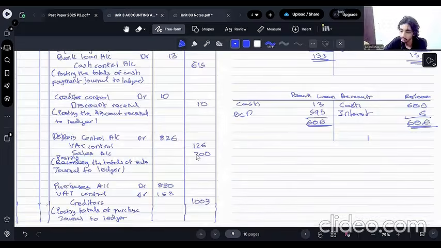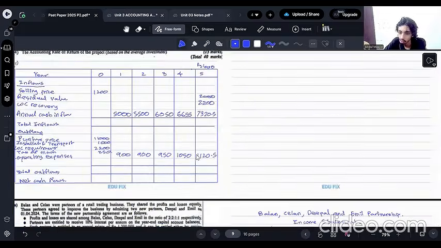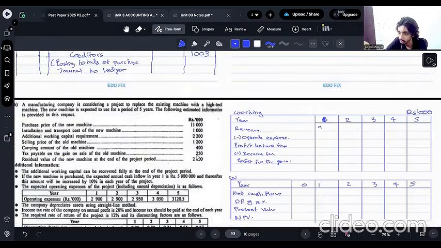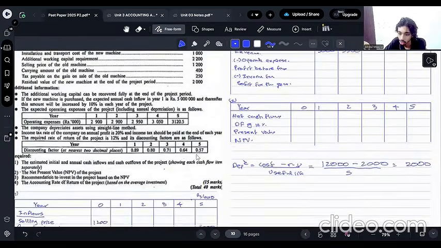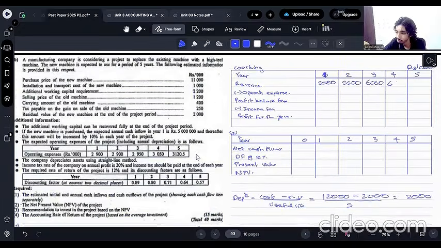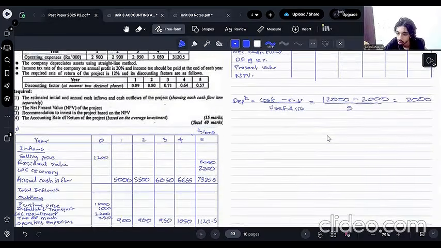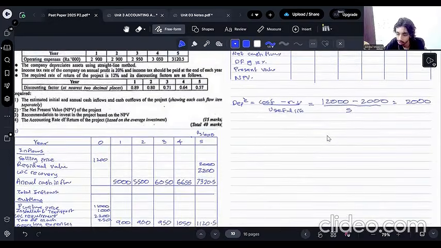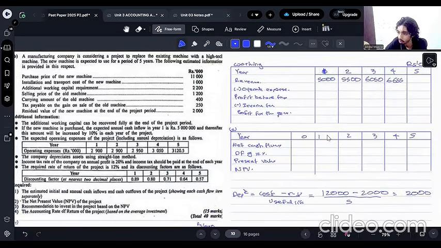So the annual cash flow of each year will be 5,000, that you can take as revenue. 5,000, 5,500, then 6,050, 6,655, and for year 5, 7,320.5.